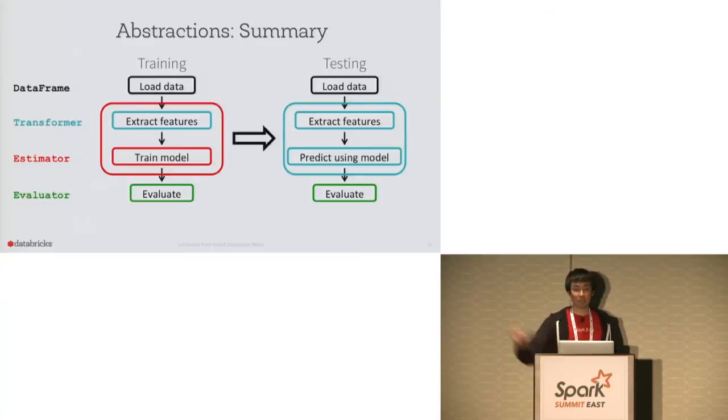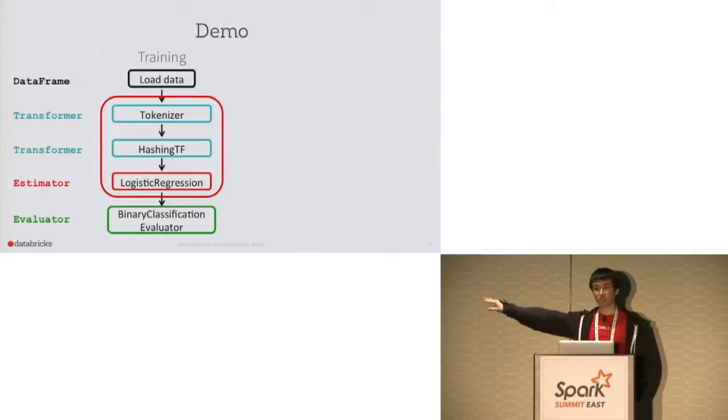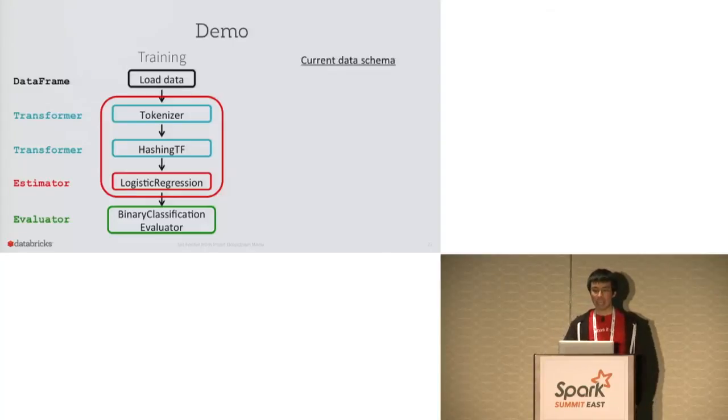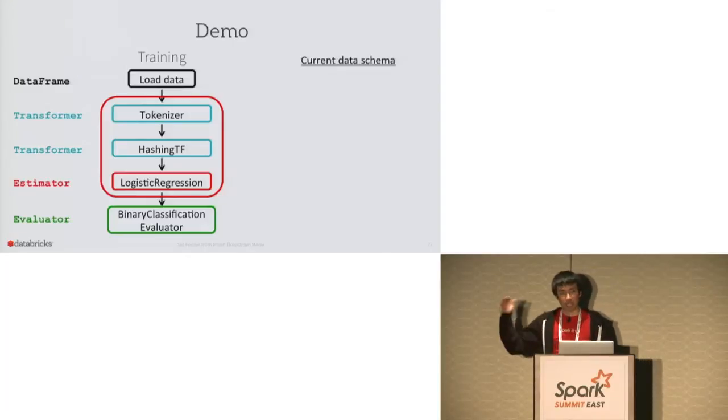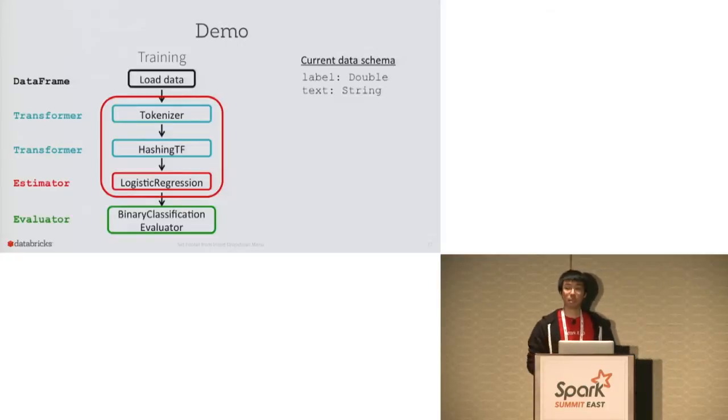So I'm going to take this image on the left and expand it just a little bit in order to show what I'll do in a little demo. The only change is that the feature extraction part has been made a bit more practical with 2 steps. And to explain what each of these do, I'll speak through how the data schema is changing as data flows through this pipeline. We start with labels and text, as always.